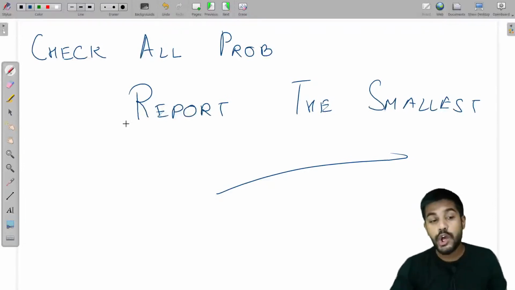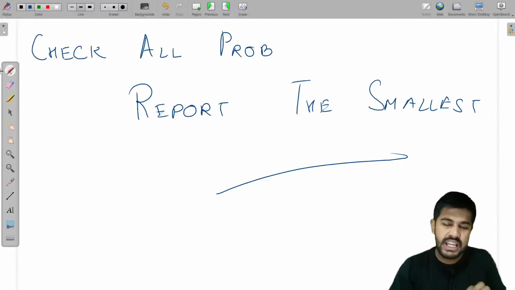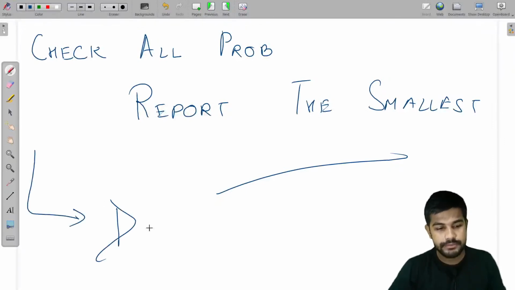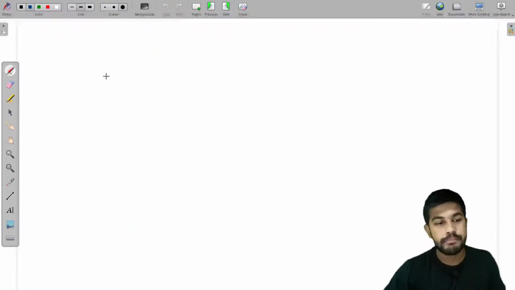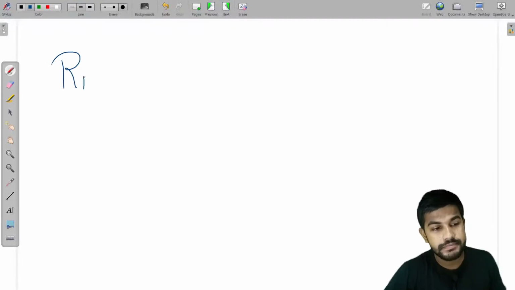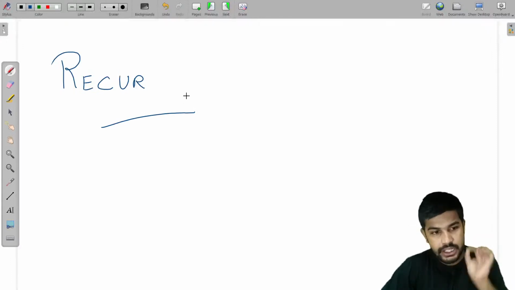Now whenever you need to check all approaches, all probabilities, all scenarios, the first thing that should strike your mind is dynamic programming. And if you are a beginner, the first thing that should strike your mind is recursion.